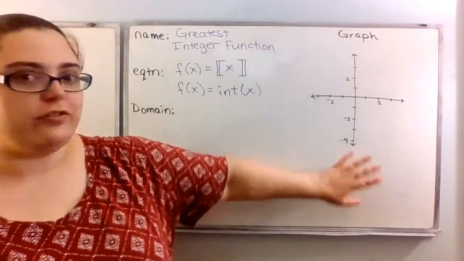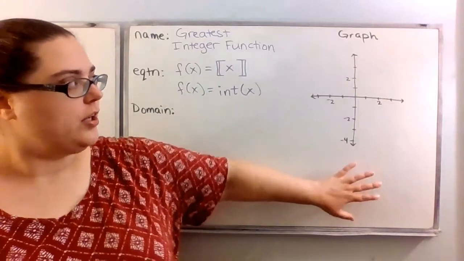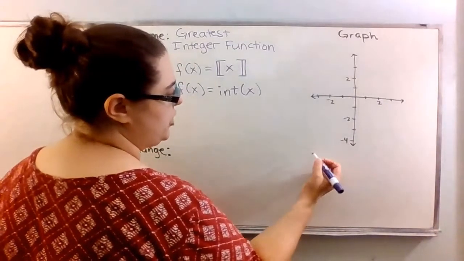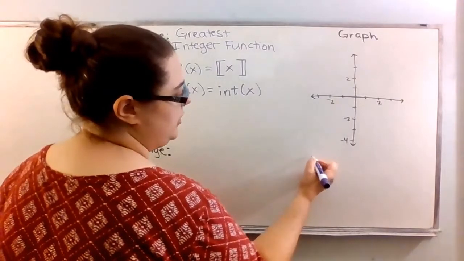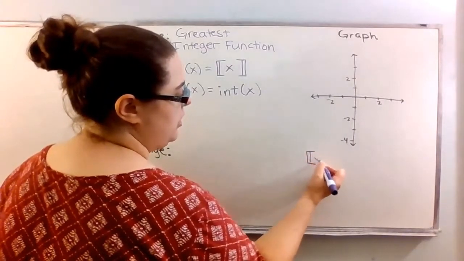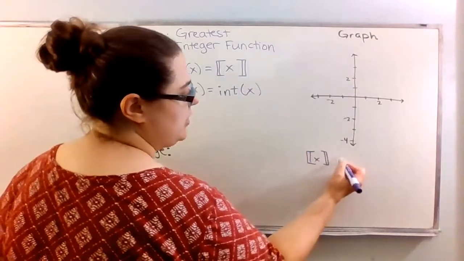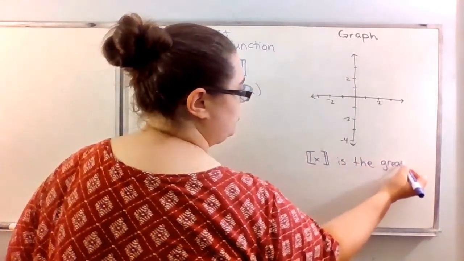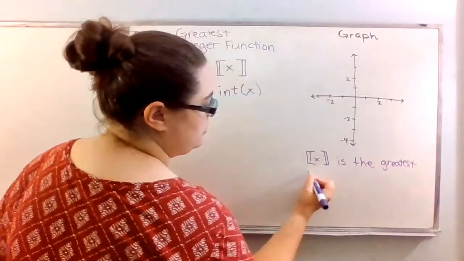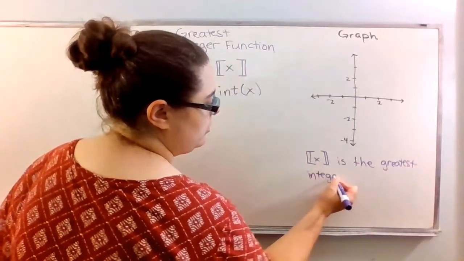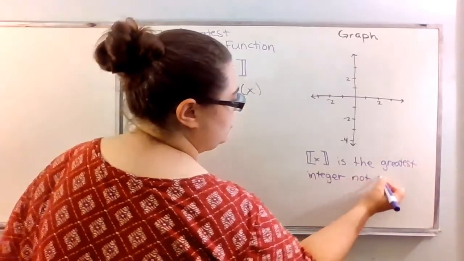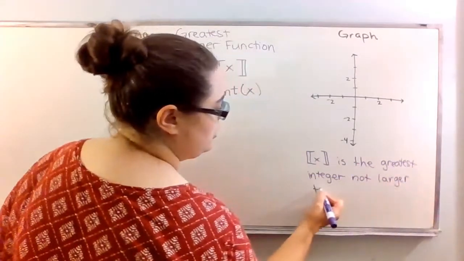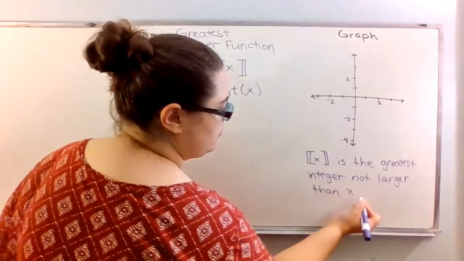So I'm going to write the formal definition of the greatest integer function down at the bottom here. But the formal definition is, I'll use this notation, the greatest integer of X is the greatest integer not larger than x.